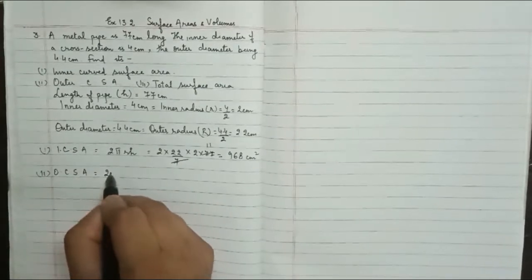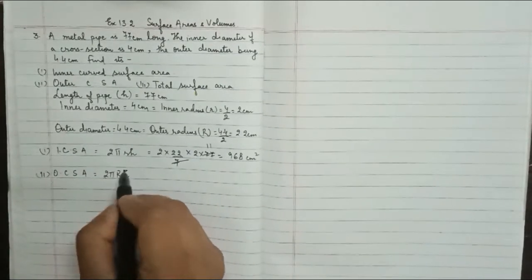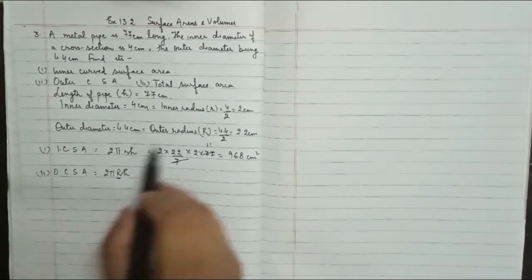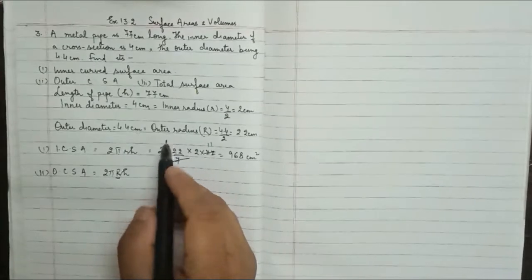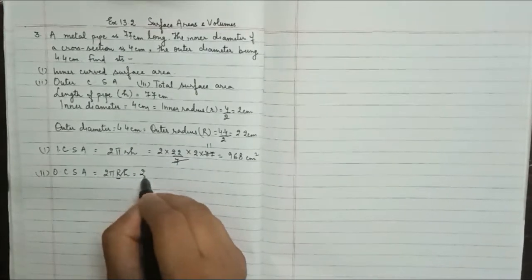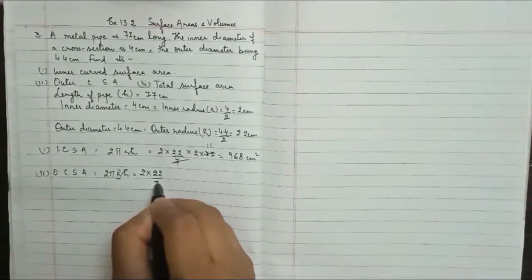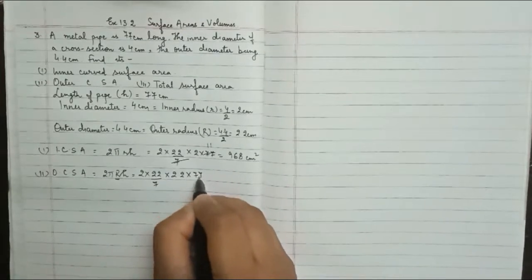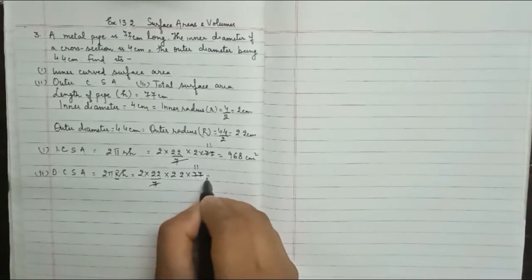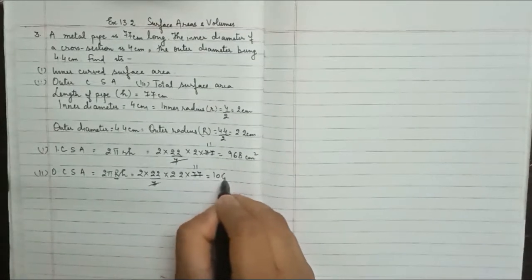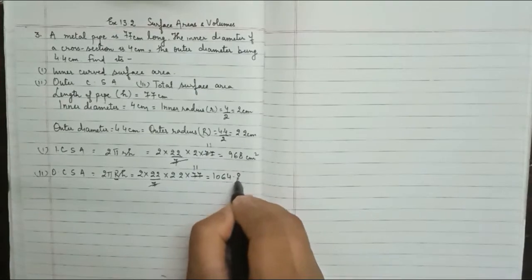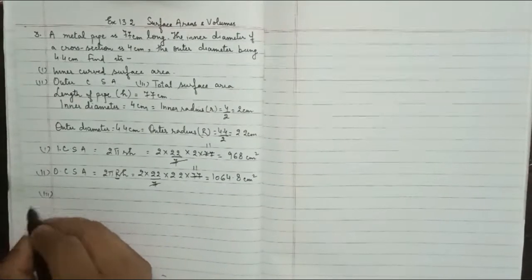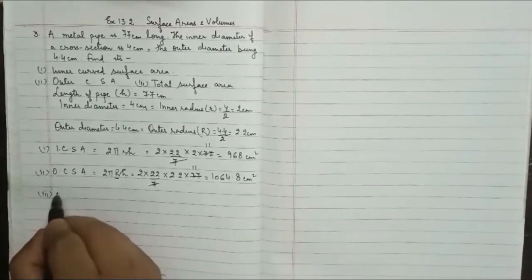That will be equal to 2 pi RH. Here we will take capital R because it is outer curved surface area. We will be calculating it by outer radius. It will be equal to 2 into 22 upon 7 into 2.2 into 77. This is equal to 1064.8 centimeter square.